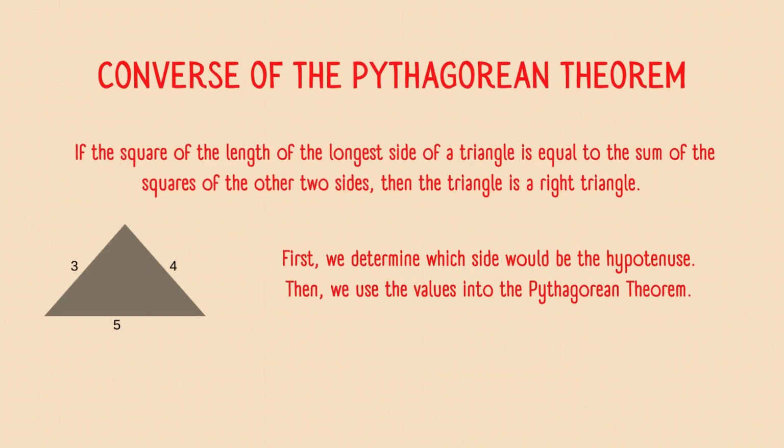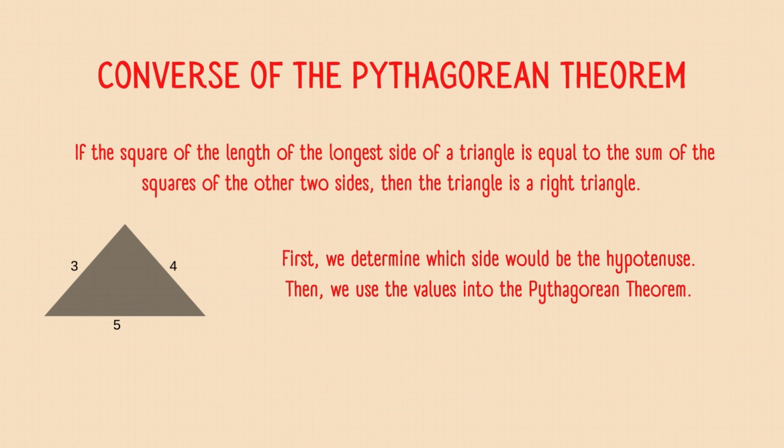Let's take a look at the converse of the Pythagorean theorem. Now, if you are not sure if a triangle is a right angle, but you have that the square of the length of the longest side of the triangle is equal to the sum of the squares of the other two sides, then it means that triangle is a right angle triangle. So first we determine which side will be the hypotenuse, which is the longest side.